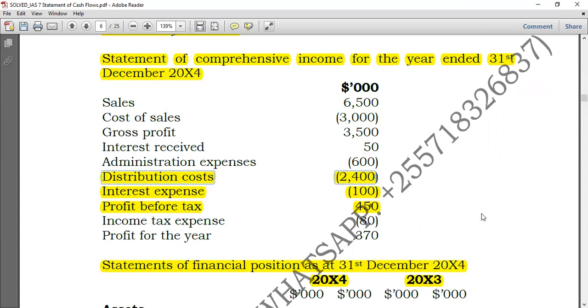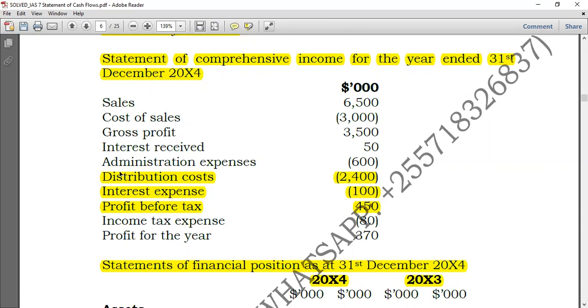Because even if you used the other principles, say I add it back and take it to the control account, if you added back 2,400 and took it to the control account, you would find that you have to deduct the same 2,400 and they stay on the same amount. And so it will be nil. So you really need to know what you are doing right here. It's not just about following a routine.